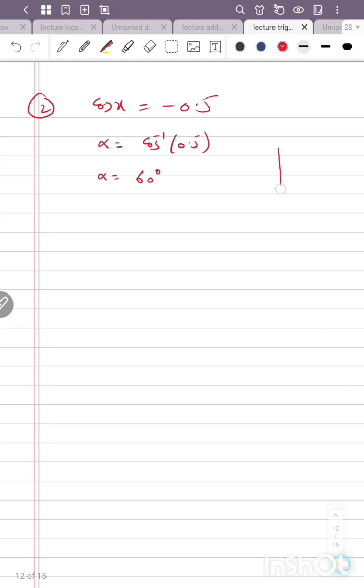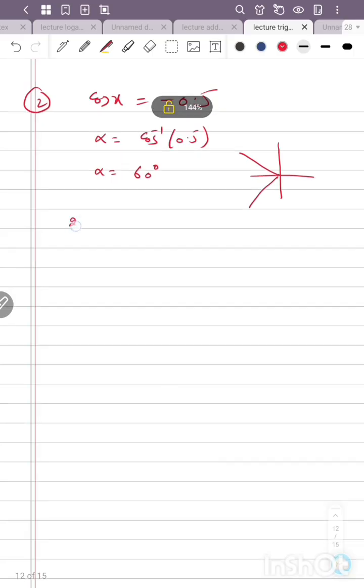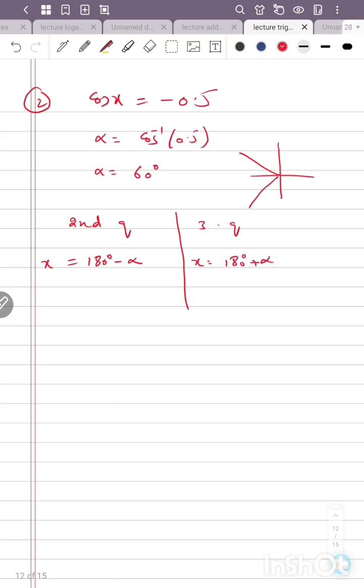We know that cos is negative in the second quadrant and third quadrant. For the second quadrant we write the angle x is equal to 180 minus alpha, and for the third quadrant x equal to 180 plus alpha.